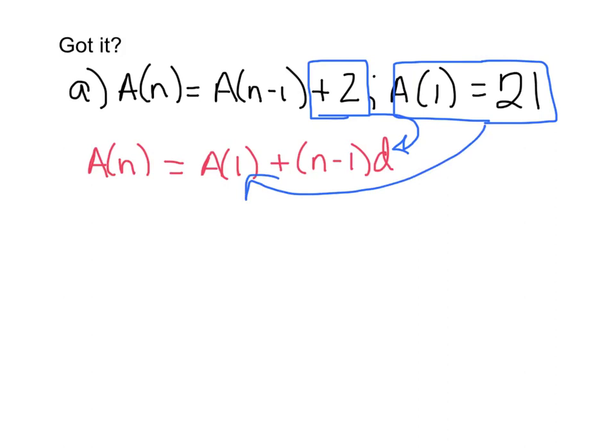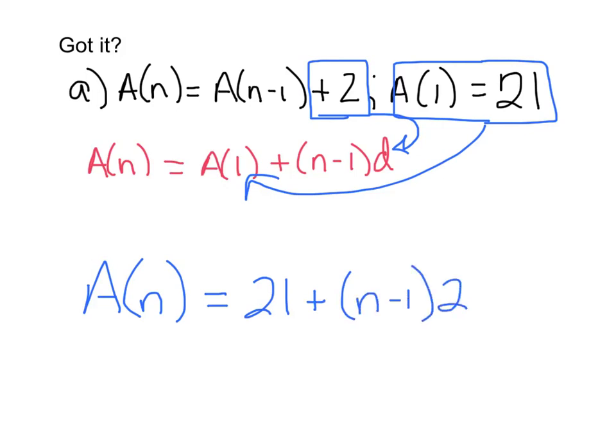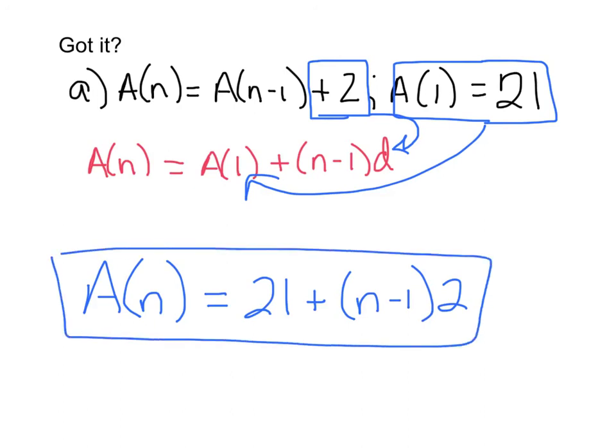That's going to plug in there. So in this problem, all we're going to have is A of n equals our first term, which is 21, plus our common difference, which is 2. If you would like, you can distribute the 2 and combine like terms, but all you would have is A of n equals 21 plus, in parentheses, n minus 1 times 2.